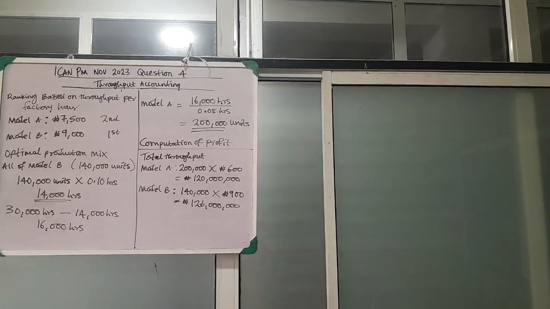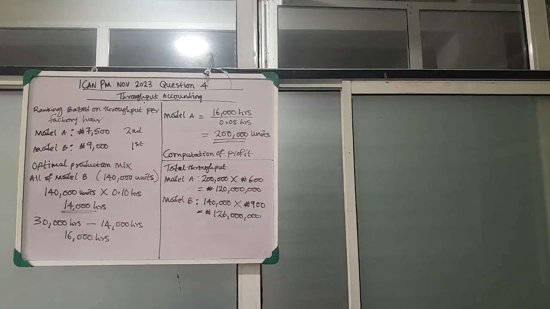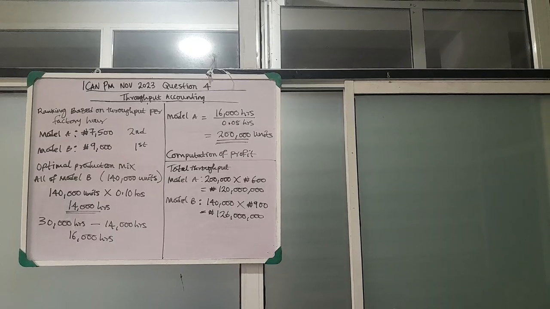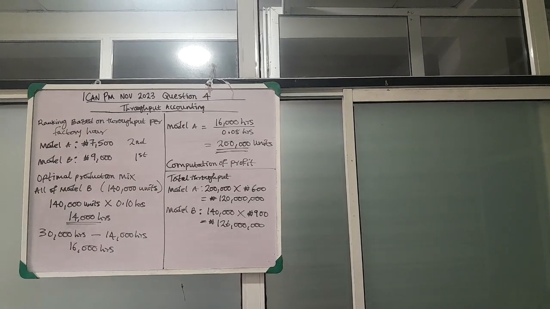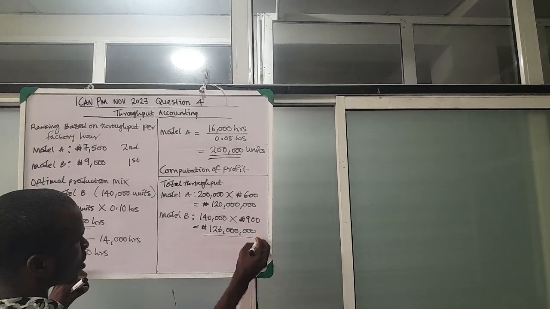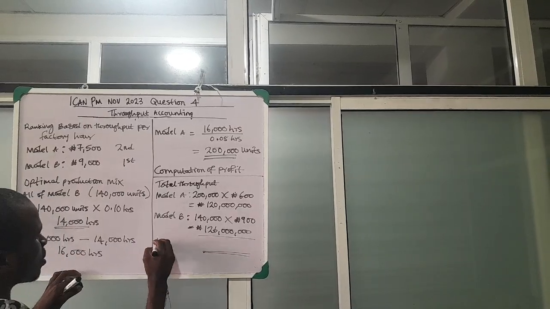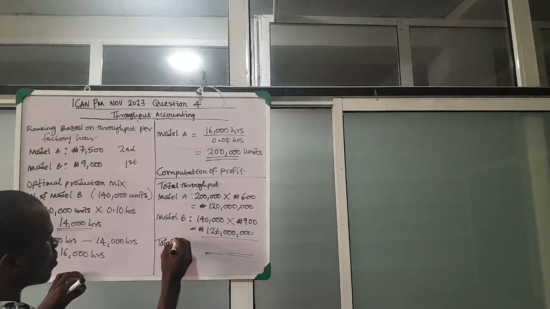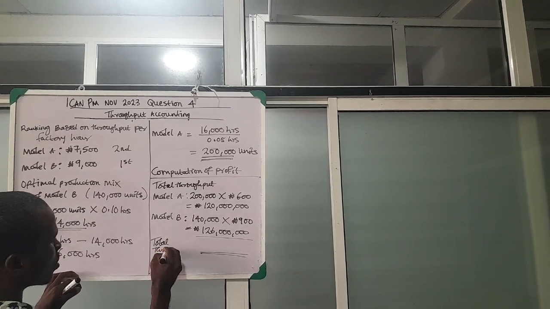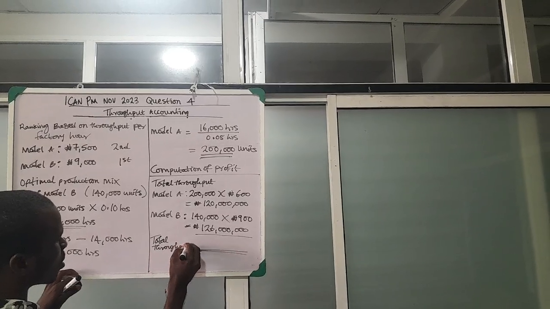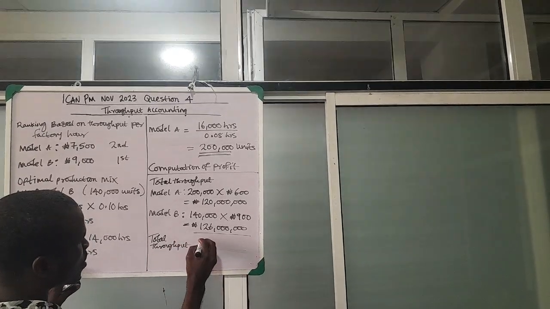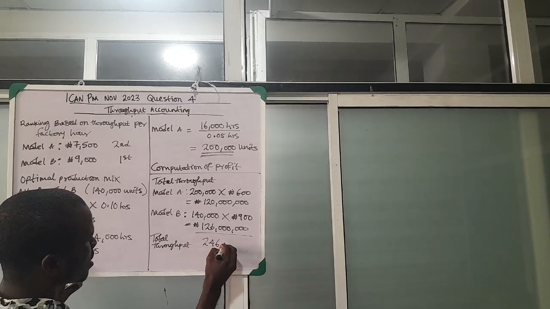So the addition of both of them, 120 million plus 126 million, the total throughput will be 246 million.